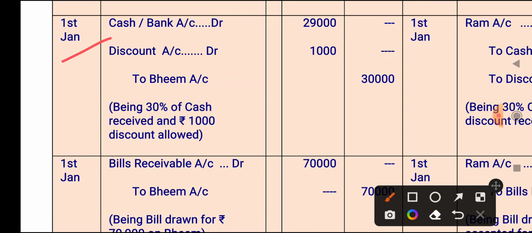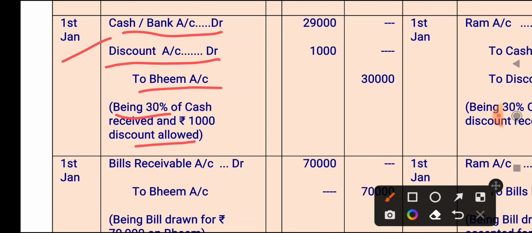So Ram is receiving cash. So cash or bank account debit, discount account debit to Beam account, and he is allowing 1000 rupees as discount. So being 30% cash received and 1000 rupees discount allowed.